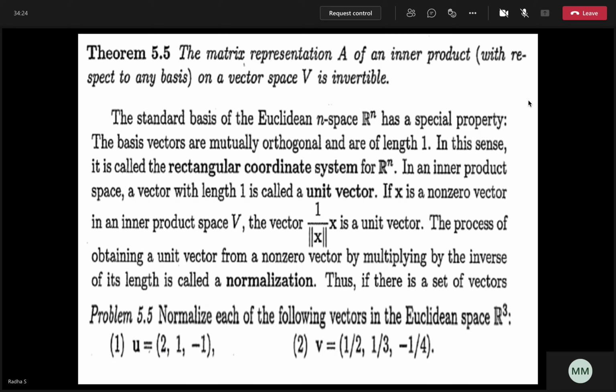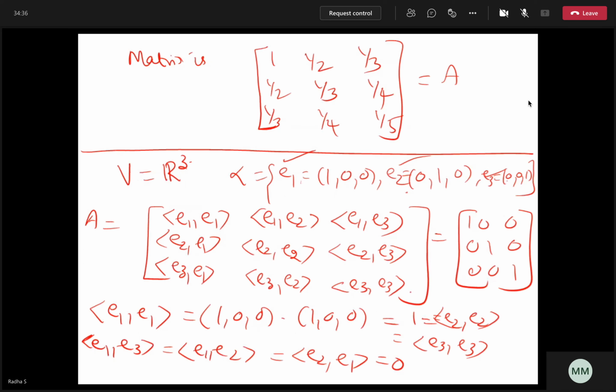See here, the matrix representation A of an inner product with respect to any basis is always invertible. So far we have found this matrix, the identity matrix, which is obviously invertible. When do we call a matrix invertible? When the inverse exists, the determinant is not equal to 0.